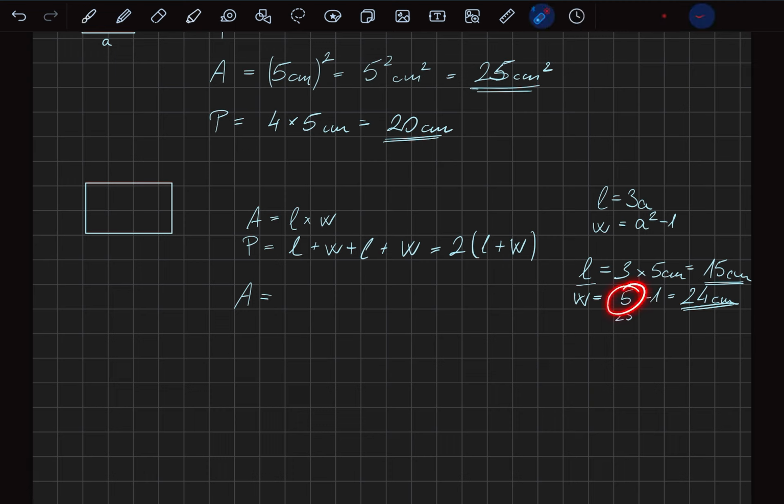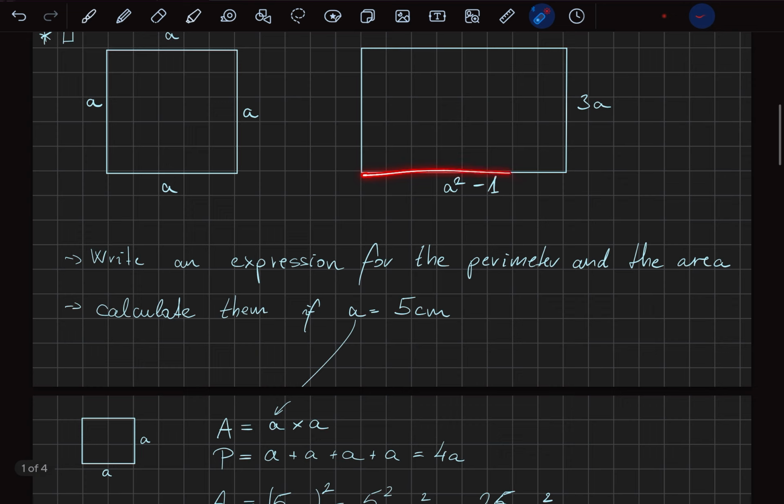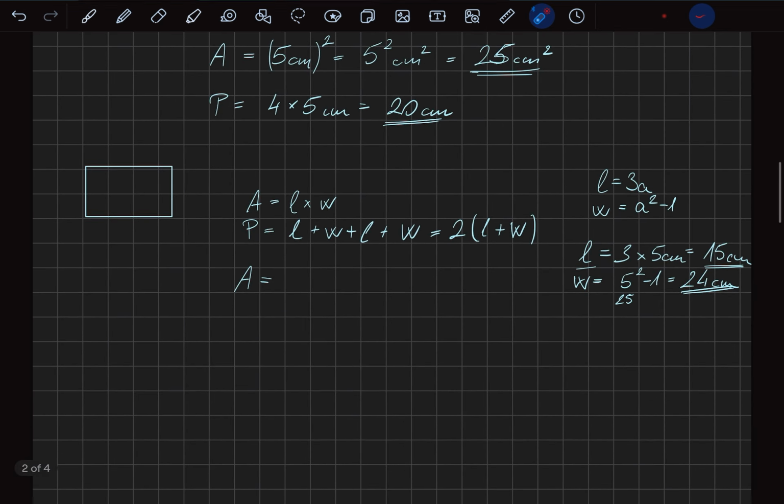I will talk about this later, okay? But here the centimeter is also squared. So it's an area basically, not a length, but here I just gave an expression for a length. So A is 5 centimeter. Okay, it's on the edge. Never mind.